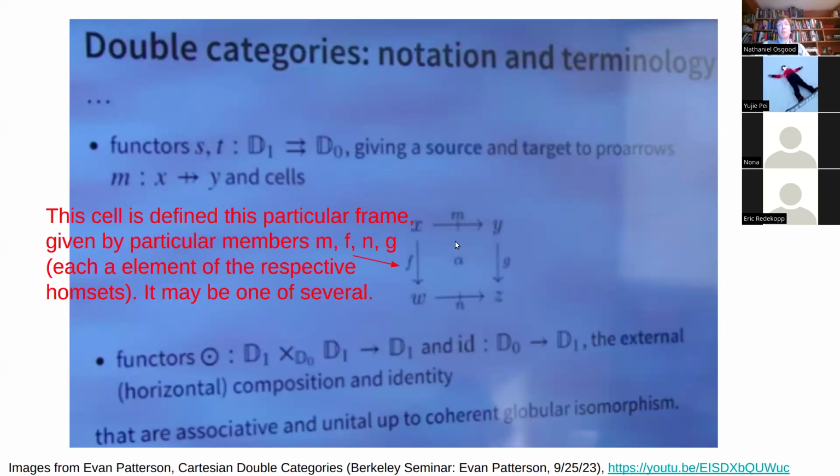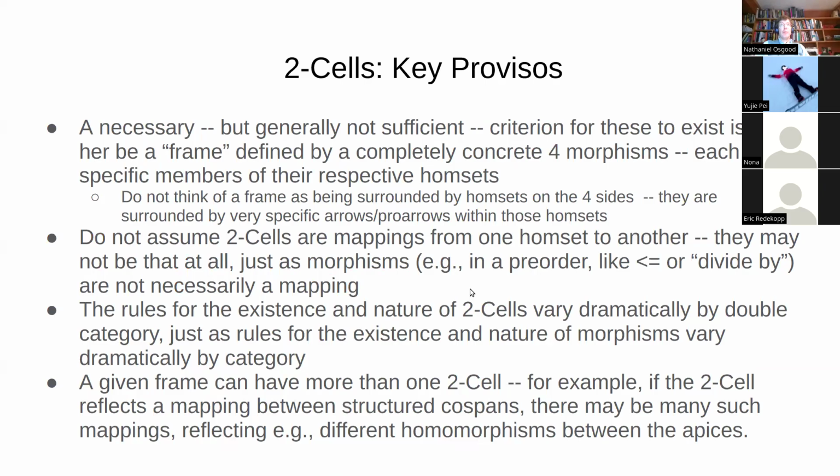Two cells are not always mappings. I think some of them are mappings, but sometimes they're not mappings. They just say this is compatible with that. It's the same relation as that. Or it's a homomorphic relation or something like that.